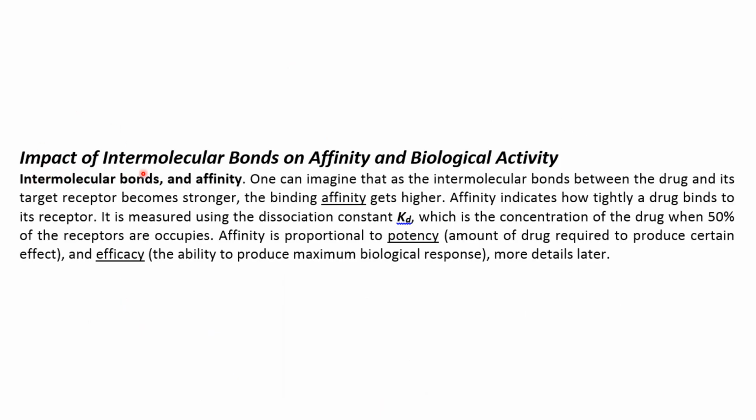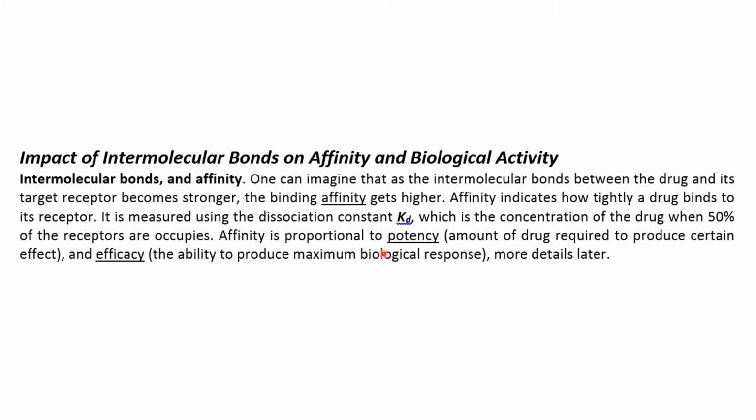Now let's see, what impact do intermolecular bonds have on affinity and on biological activity. Well, first, affinity is how tightly the drug binds to the receptor. This means that the stronger the intermolecular bonds, the higher the affinity. And affinity is typically measured using what's called the dissociation constant, KD, which is the concentration of the drug when 50% of the receptors are occupied.